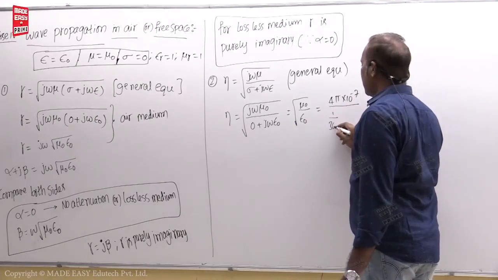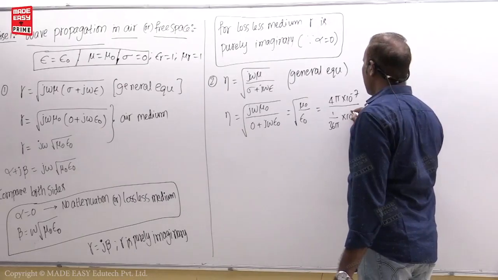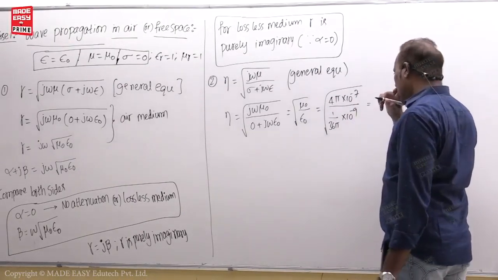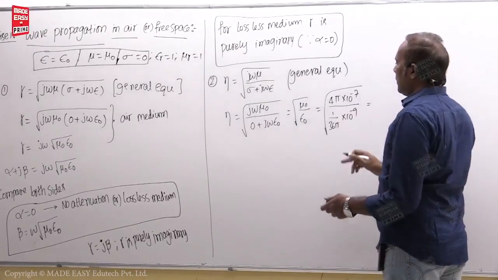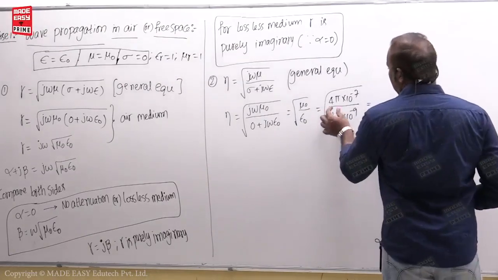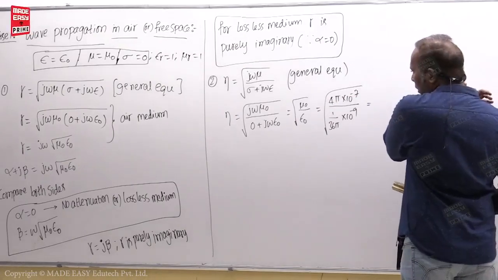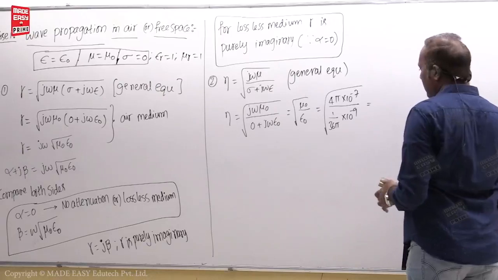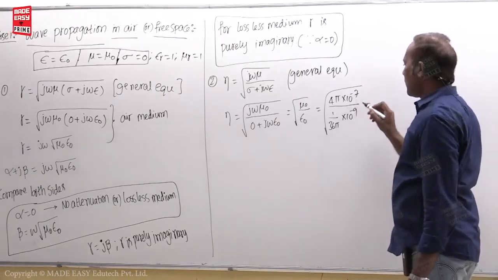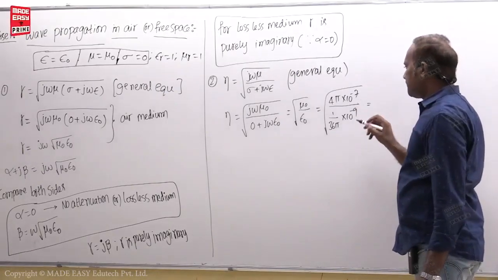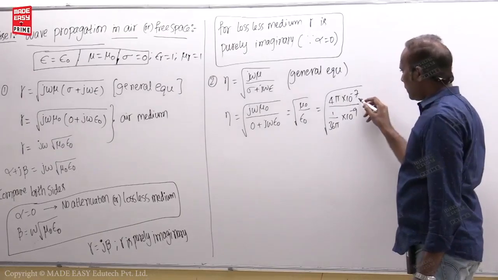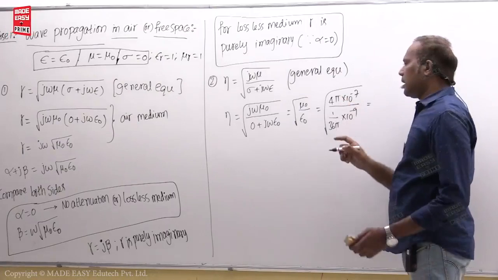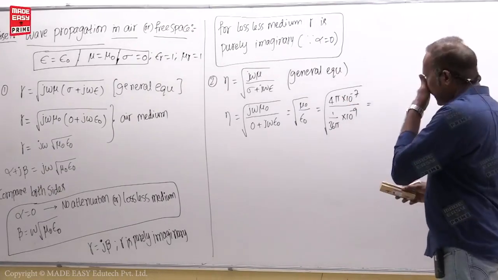Epsilon naught is 1 by 36 pi into 10 to the power minus 9, and you get here 36 into 4. Ultimately, if it comes to the numerator, 10 square you get. So out of root, 10 you get here pi square, that means pi, so 10 pi.